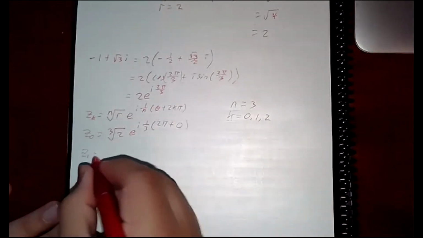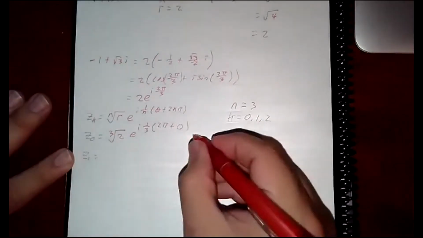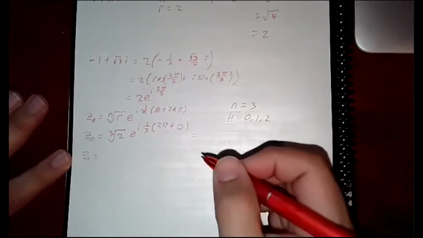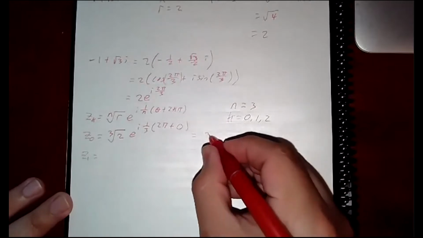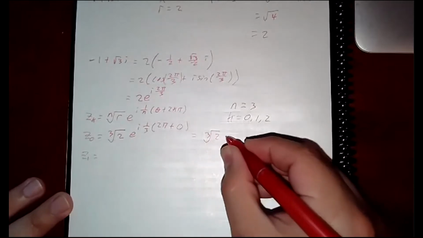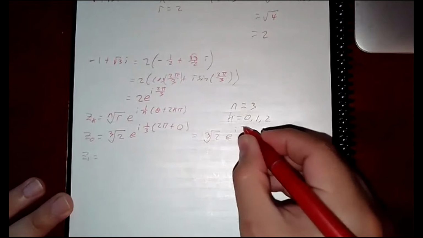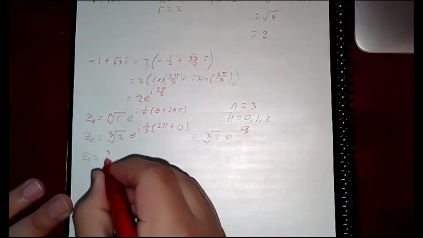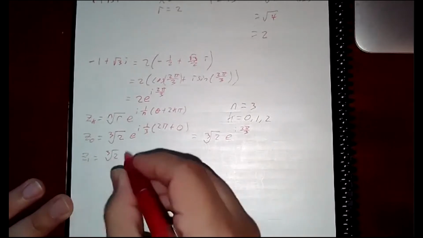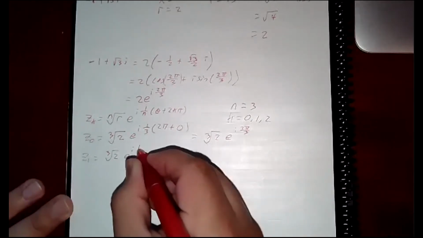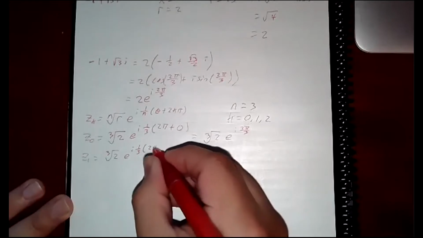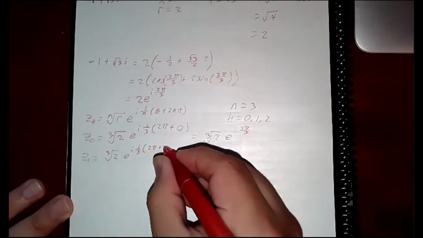First one, z0: cube root of 2 e to the i 2 pi ninths. Let's go to the next one. Cube root of 2 e to the i third times 2 pi thirds plus 2 pi.